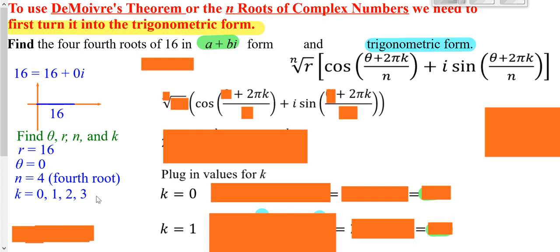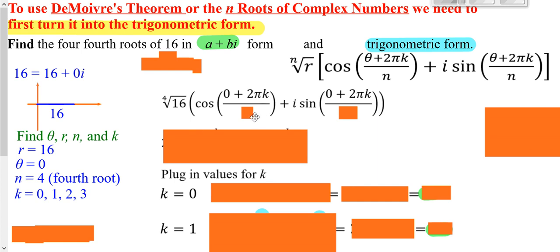So now, come along, take r, theta, and n, and plug them into your formula. So we're going to go the nth root, which is the 4th root, of r, which is 16. Plug in what your angle is, which was 0, and then divide it by what n is.